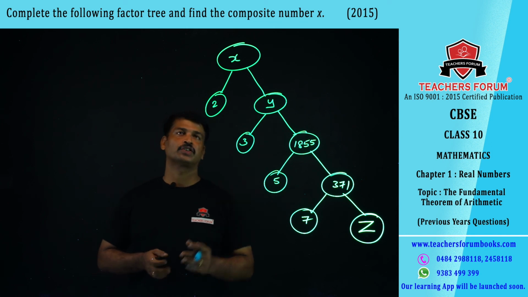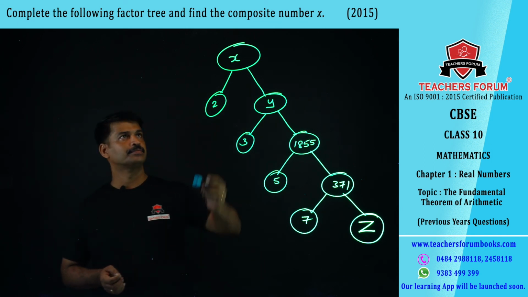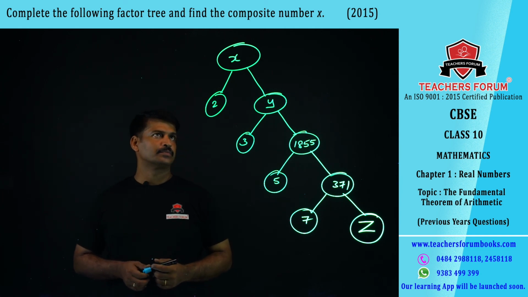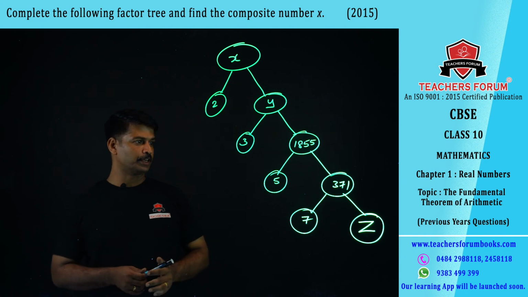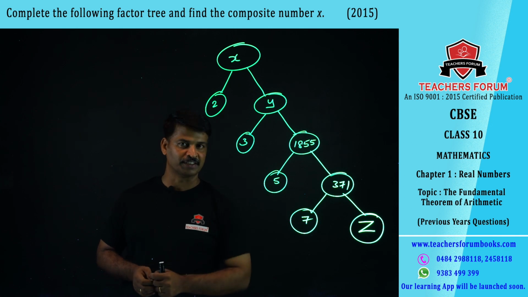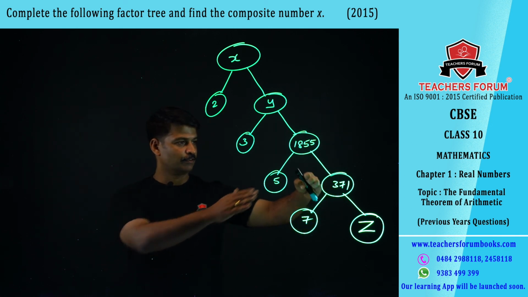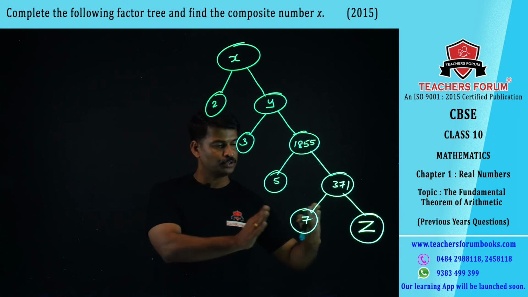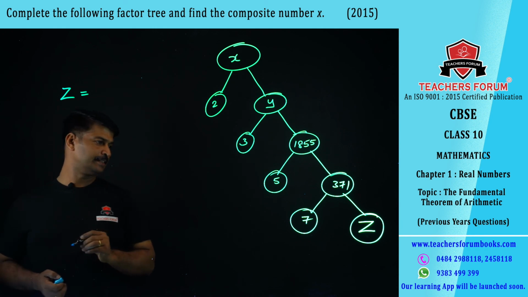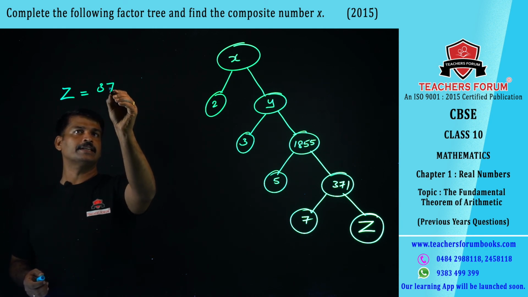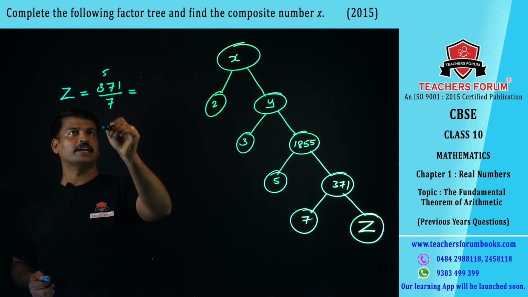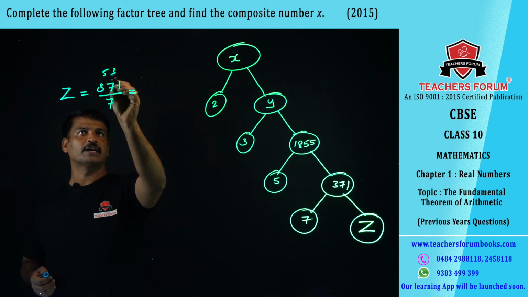Now let us move to the other problem. Here you are given a factor tree and you have to find the value of the composite number X. Now since it is a factor tree, when you multiply 7 into Z, you should get 371, because 371 is factorized as 7 into Z. Now you can find out the value of z as z is equal to 371 by 7. 7 goes 5 times, 5 7s are 35, 21 3 times, isn't it?